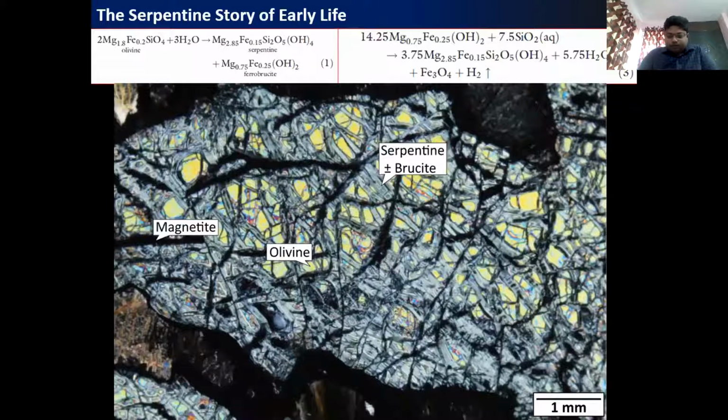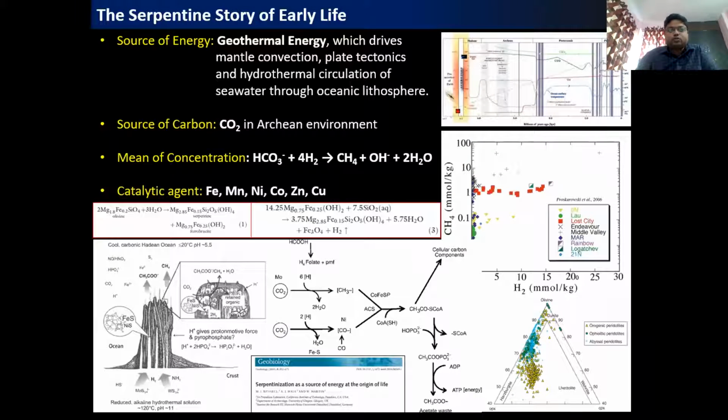To give you some simple images, the most important thing in this figure is to get the hydrogen, because all other components are already present. So where did hydrogen come from?